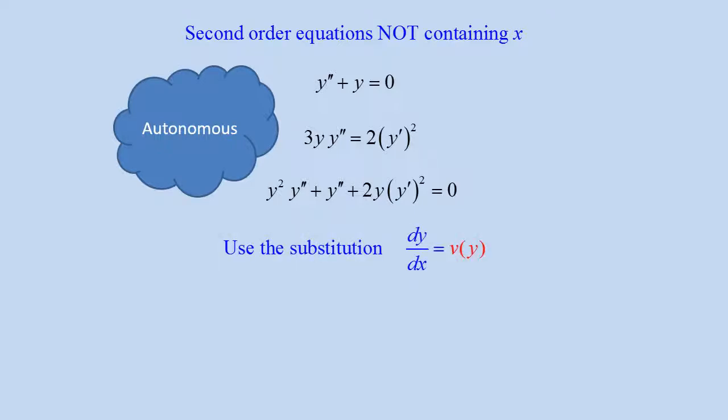And we're going to change our substitution just a little bit. Instead of just using v, meaning v as a function of x, we're going to use the substitution dy dx, or y prime, equals v as a function of y. Now all that means is to do the second derivative of this, we need to use the chain rule.